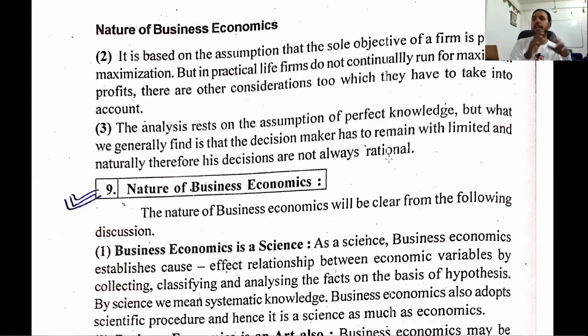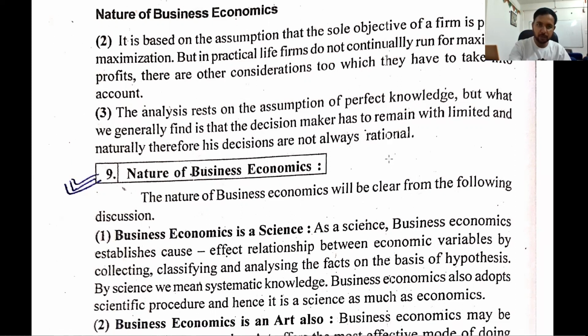So there is a cause and effect relationship between the economic theories and the situation that the business has. If you adopt such theories, you will get this kind of result. So in this kind of scenario, it is possible that the businessman or the manager cannot take rational decisions.